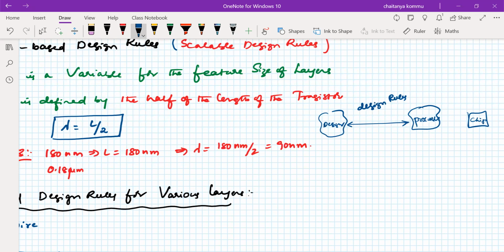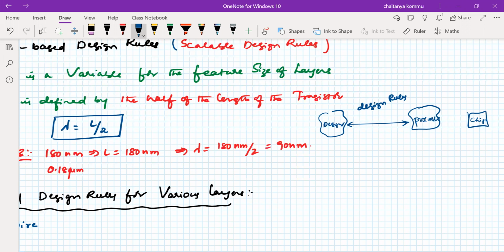Suppose I have designed something. What is the main concentration for the designer? As low an area as possible and as high a performance as possible. For that, the spacing is required; spacing and performance are very, very important for the designer. But when fabricating, there are some issues while designing your circuitry in a small area.